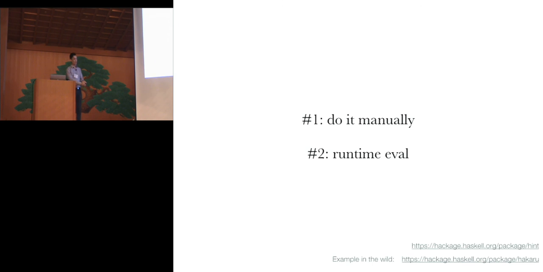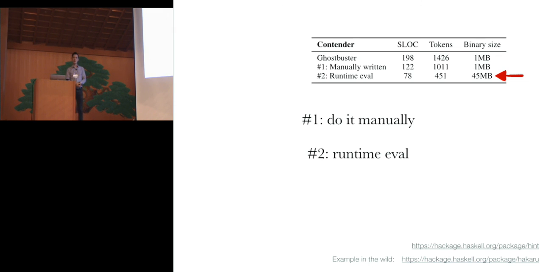A second option, which is in particular relevant for that second phase where we need to re-establish all of these type level invariants, is to use this runtime eval approach. This is where we take our simply typed data structure and generate a string which represents the GADT version of that data structure. And then we feed that to GHC, which we've embedded into our program as a library.